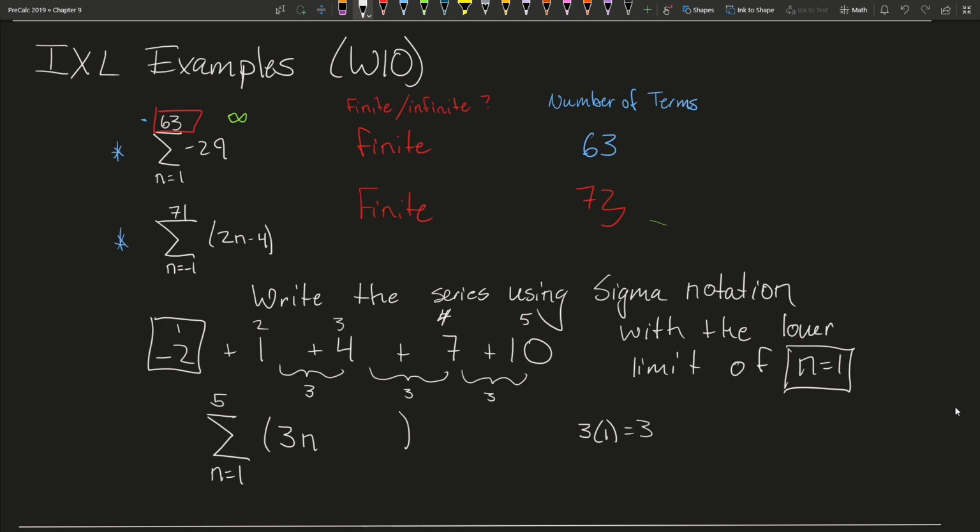In order to get to negative 2 from 3, we have to subtract 5. And then we can check it for the second and third term. And it all checks out.